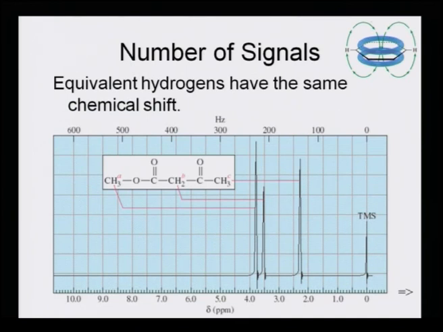Number of signals: equivalent hydrogens have the same chemical shift. If you look at this particular example of CH3COCH2COOCH3, acetoacetic ester, you will see that TMS of course is set at 0, then there is this methyl C proton, then there is this CH2, and then there is this CH3 which is next to the carboxylate.